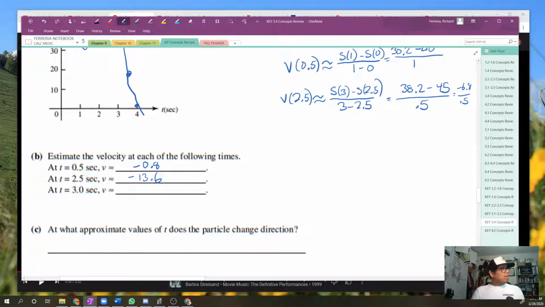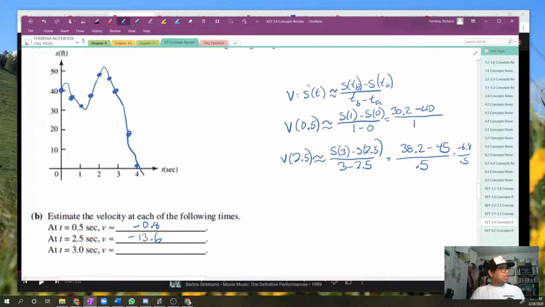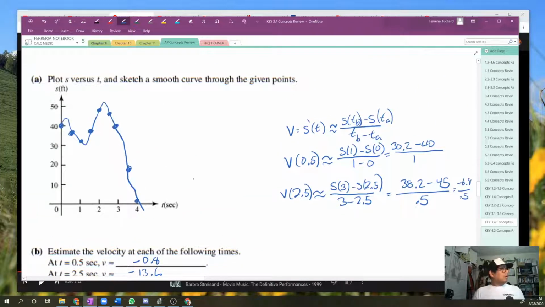At what values does the particle change direction? Okay, so where does it have to change direction? If we don't know what the position graph actually looks like, the truth of the matter is the particle could change direction at any point. But where does it have to change direction?